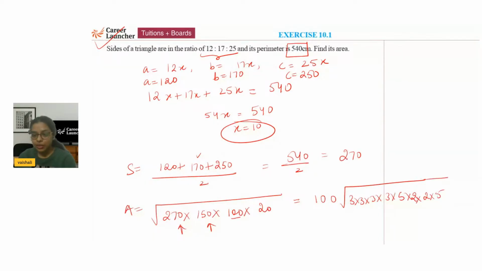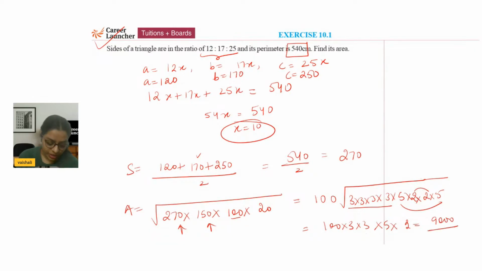So how many pairs are there? 1, 2, 3. So I can take how many 3s common? 3 and 3. One 5 pair is made, one 2 pair is made. So what you are left with is the calculation. If you will calculate, 3 3s are 9, 9000 is the answer for this particular question.